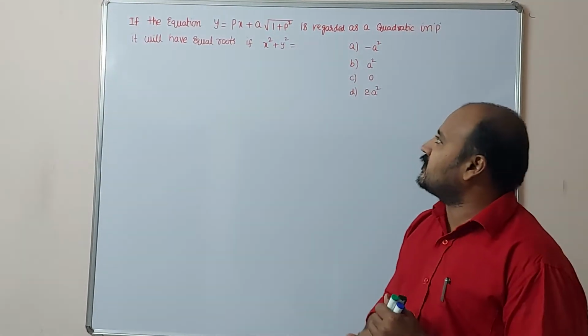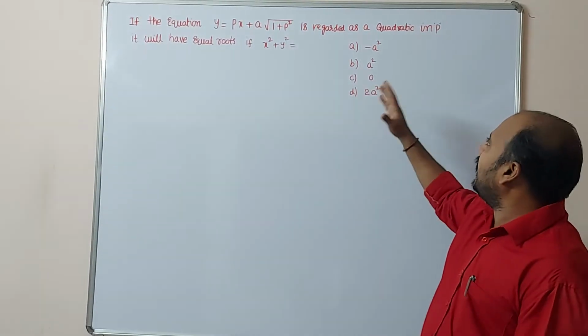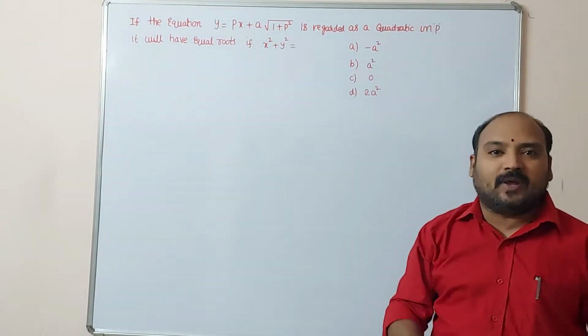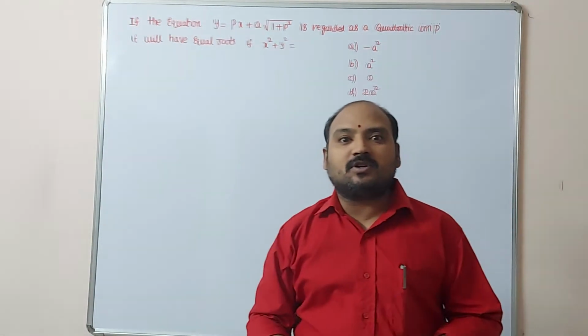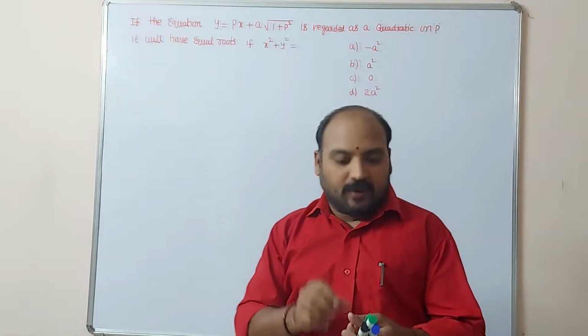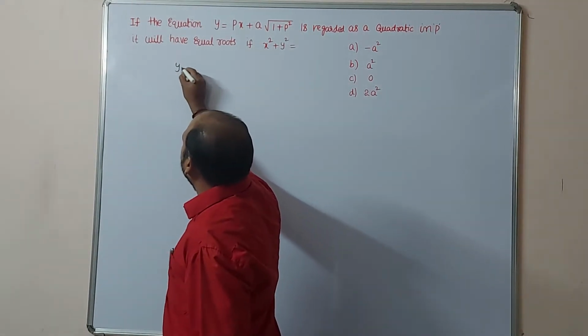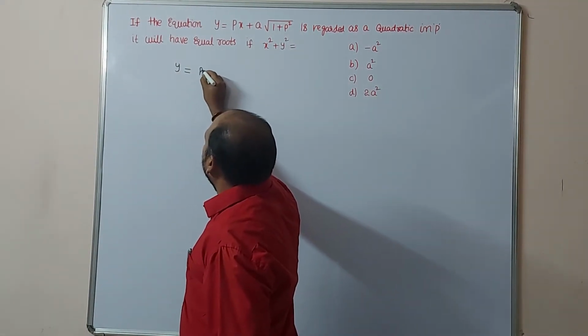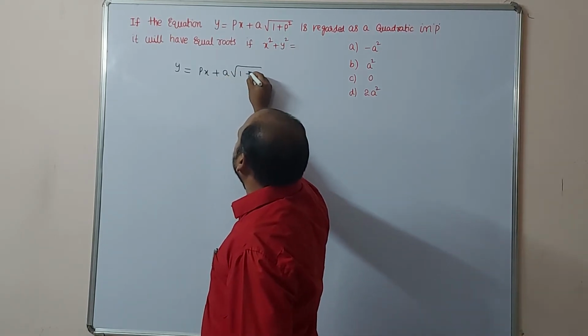So they are asking here: the given equation regarded as a quadratic equation in p. So first, the given equation we have to convert in terms of a quadratic equation in p. The given equation is y equal to px plus a into square root of 1 plus p square.